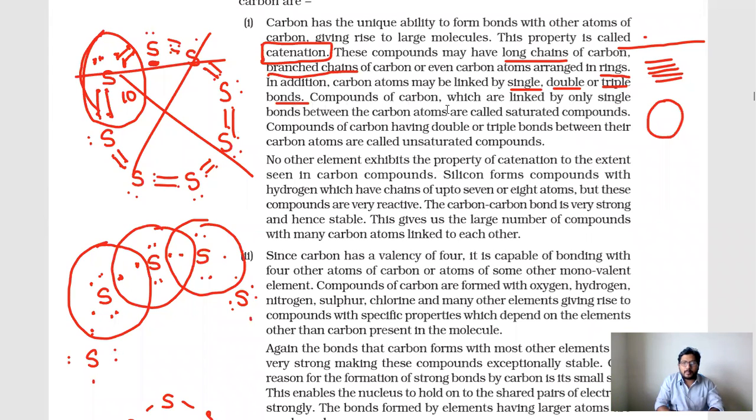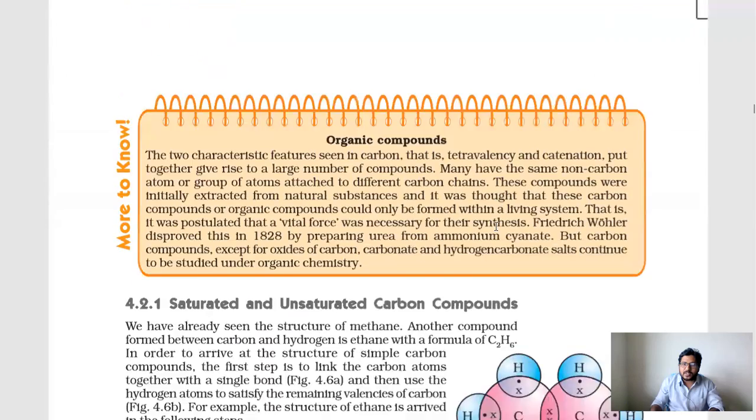Compounds of carbon which are linked by only single bonds between carbon atoms are called saturated compounds. If they ask you what is meant by saturated, you have to go with this line. Compounds of carbon which are linked by only single bonds between carbon atoms. So whenever you find structures, I'll show you structures here.